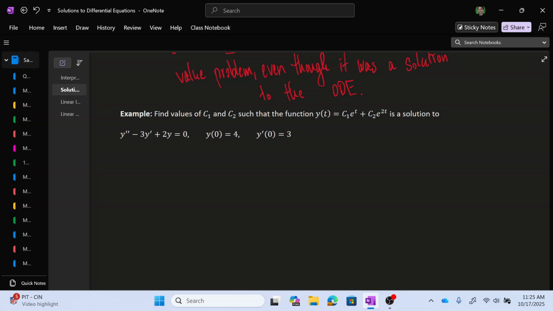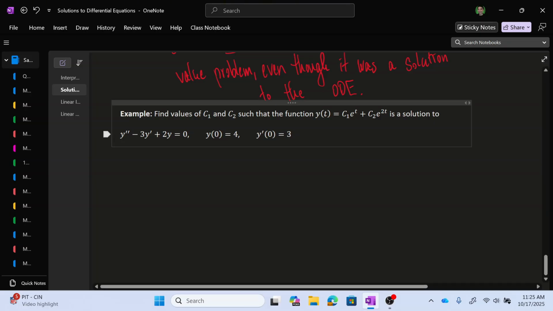So to that end, I'm going to plug this template into the differential equation and to all the initial conditions, and I'm going to use that information to deduce what values C1 and C2 should hold.